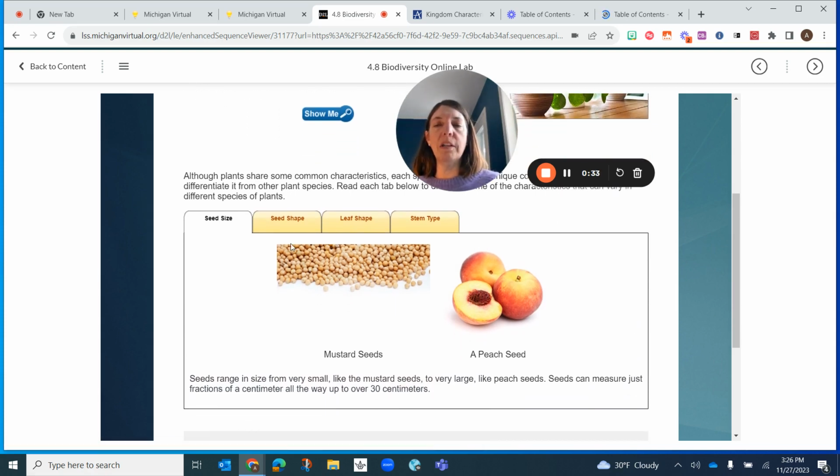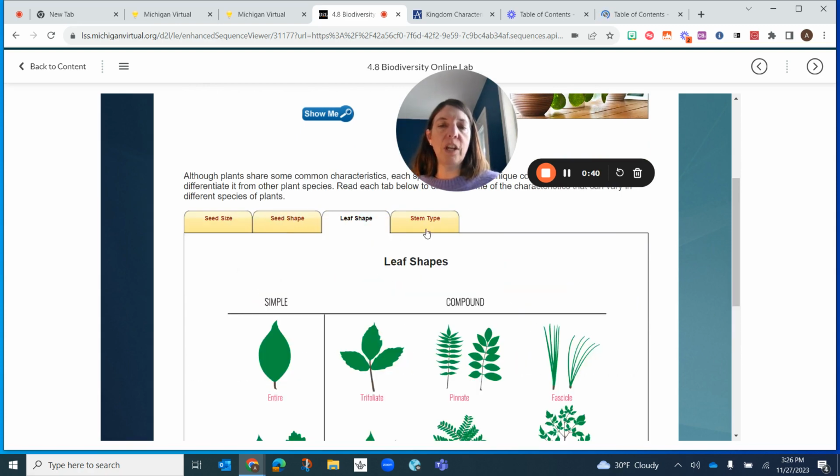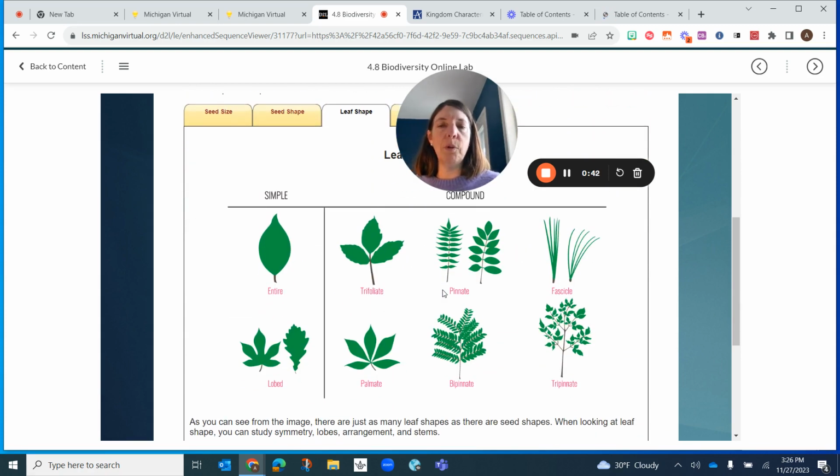So the first part is to get you familiar with things you're going to be looking for: seed size, seed shape, leaf shape. Remember, we have simple, we have compound, we have lobed, we have palmate, we have bipinnate, we have pinnate here, and trifoliate.